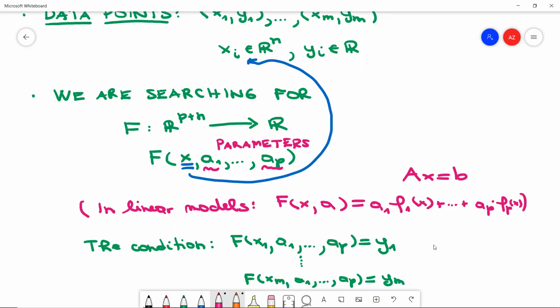But now we are generalizing this situation. So now we are allowing more sophisticated functions f. We also allow transcendental functions in a's, also higher powers of a's and so on. And the system will not be matricial anymore, so it won't be possible to transform the system into a matricial form.